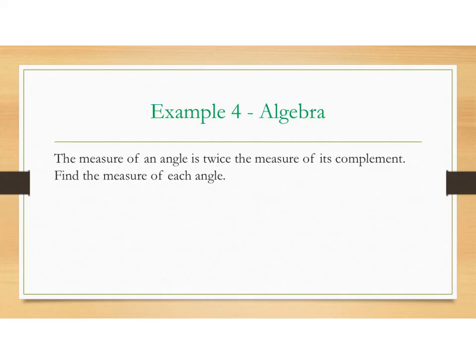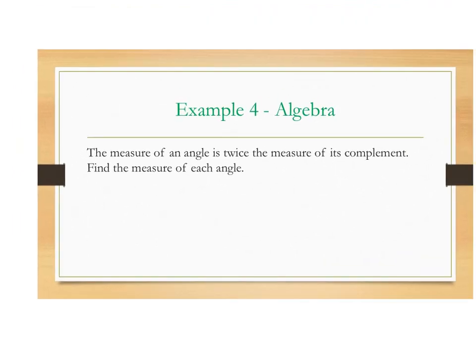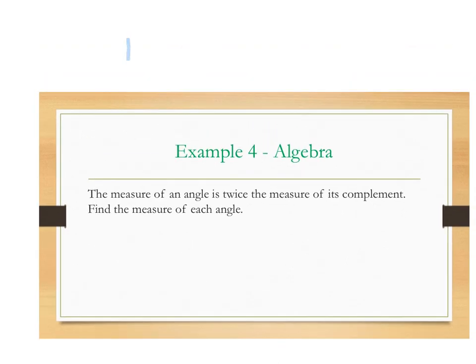Another tie to algebra. Now, before we even try to tackle this problem, let's think about if I gave you a picture and I drew in a right angle box and then I drew in a ray to break this angle apart, and if I told you the measure of this angle right here was 30, and I told you the two angles were complements, how could I find this angle right here?